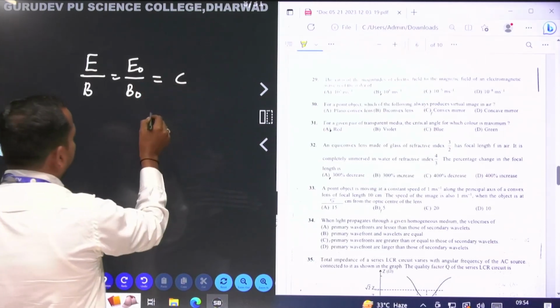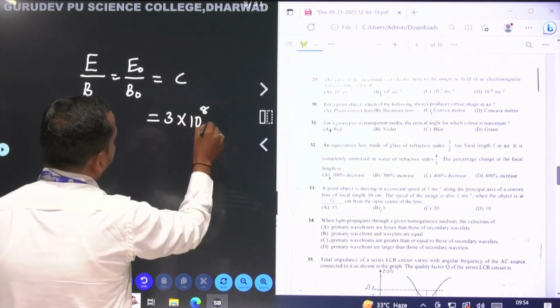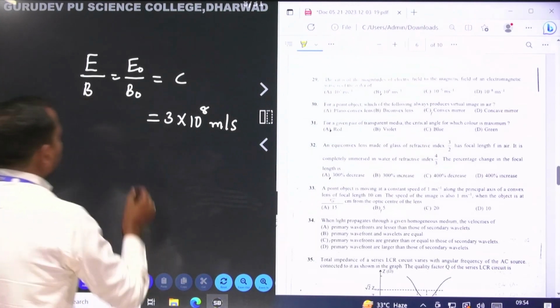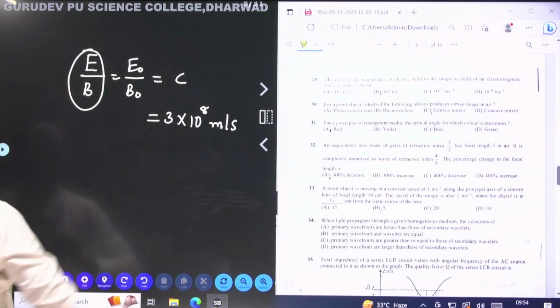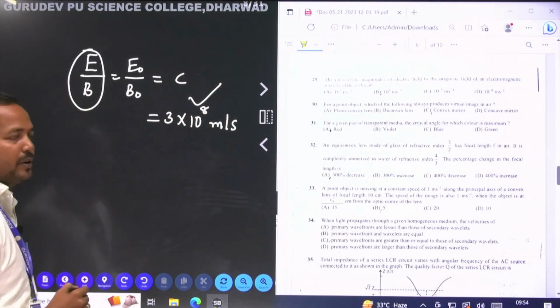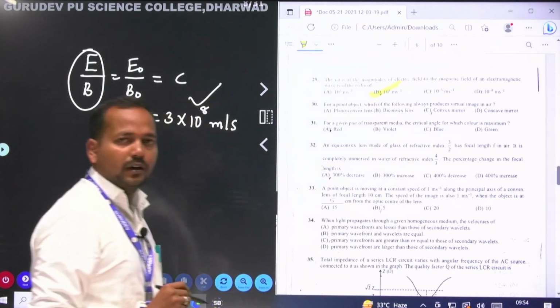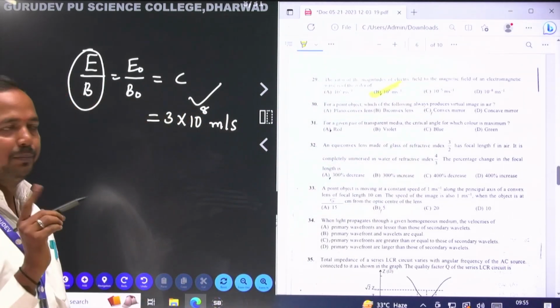Speed of light, whose value is 3 into 10 to the power of 8 meter per second. Therefore, the ratio of electric field and magnetic field of an electromagnetic wave is of the order of 10 to the power of 8 meter per second. So here the answer is B option. Correct? So for the 29th question, B option is the correct answer.